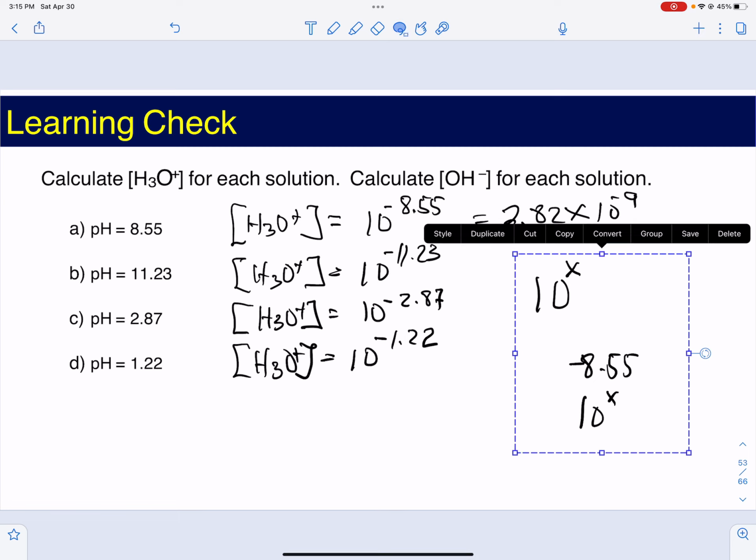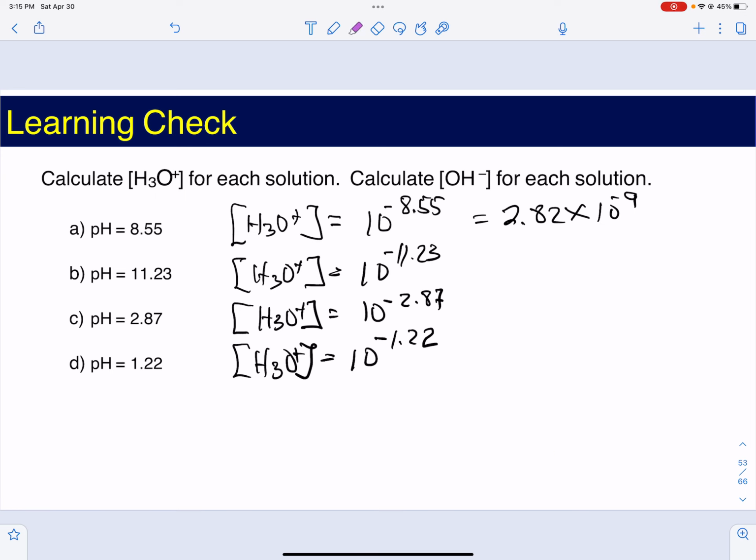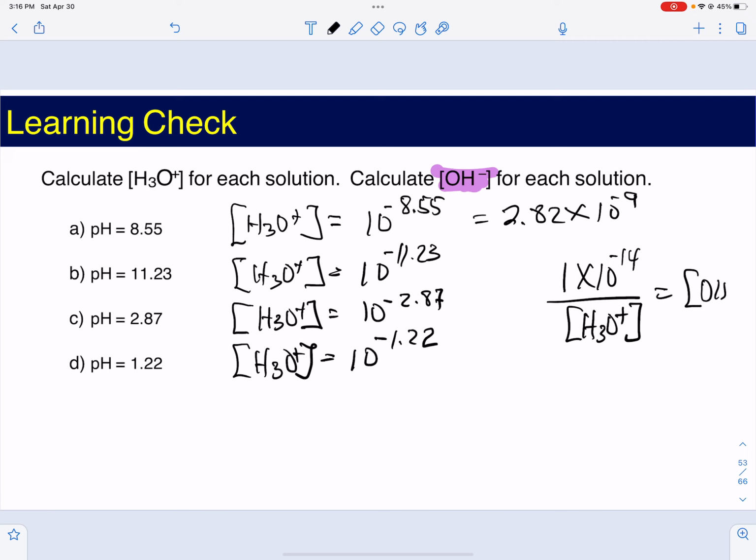However, this problem has another question. The other question is, what is the hydroxide concentration? Well, there's two ways to do that. You know that if you have 1 times 10 to the minus 14 divided by hydronium, you get your hydroxide.